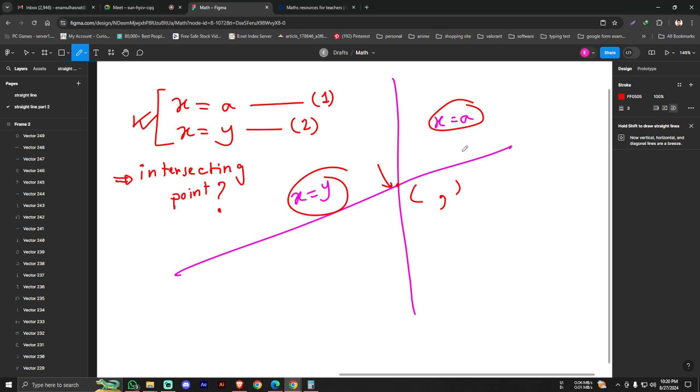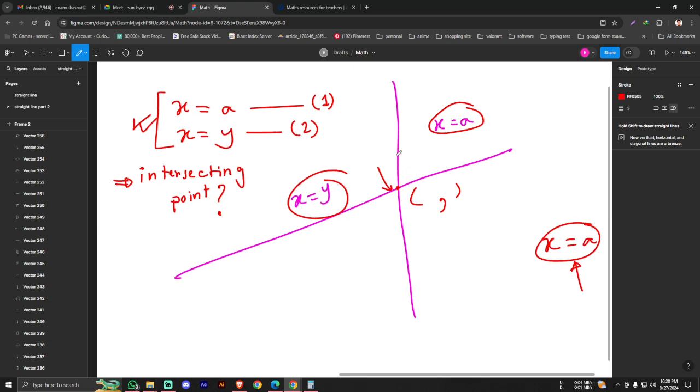In order to find the intersecting coordinates, you need to first understand whether the x value is given or not. You can see here easily x is equal to a. We have got our answer that one coordinate, the x, is a. It is directly given to us that x is equal to a.